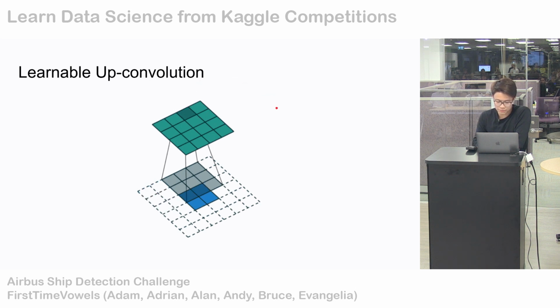With upsampling, you can see the 3x3 is the filter or kernel. With this little patch and a kernel, you can get a higher resolution feature if you do this operation here.